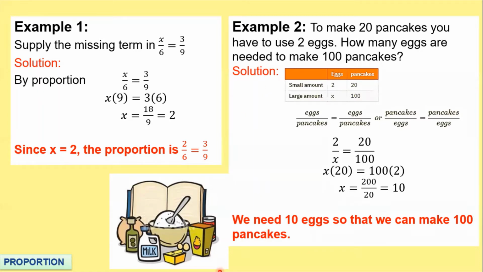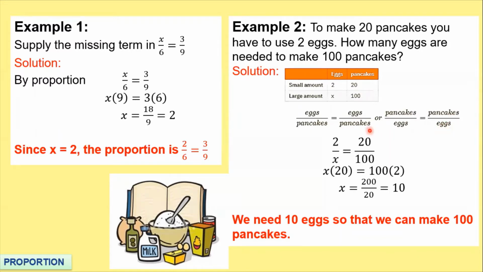Example 2. To make 20 pancakes, you have to use 2 eggs. How many eggs are needed to make 100 pancakes? For the solution, tabulating the data that we have from the problem, we will create a proportion: eggs over pancakes equals eggs over pancakes, or pancakes over eggs equals pancakes over eggs.